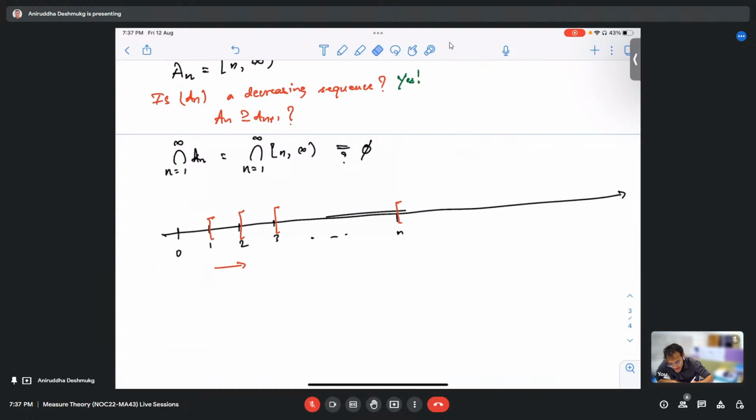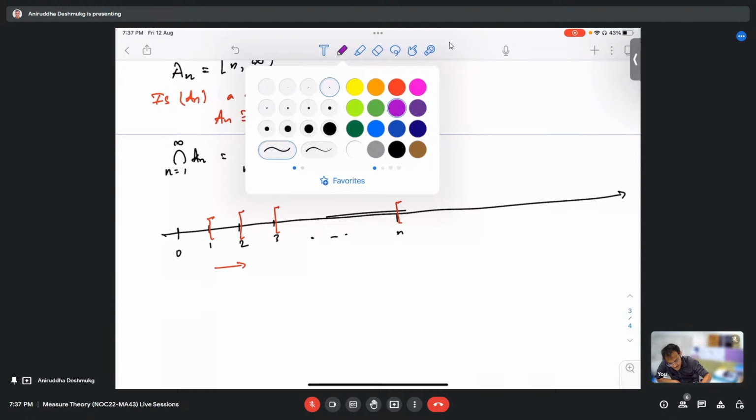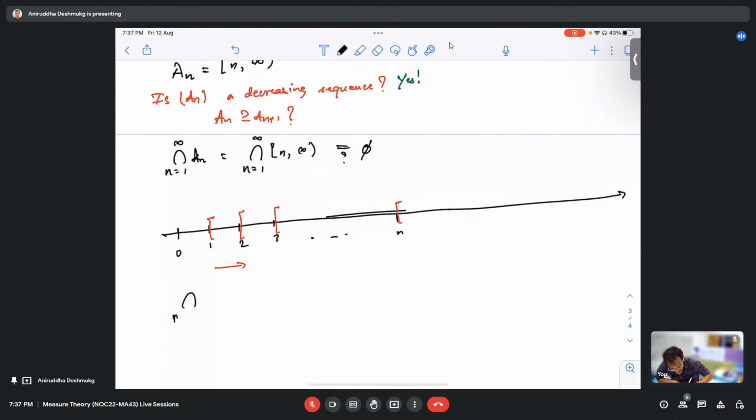when will we say that this intersection is non-empty? The intersection over n equal to 1 to infinity of [n, infinity) being non-empty is the same as saying there is some real number inside this intersection, right?